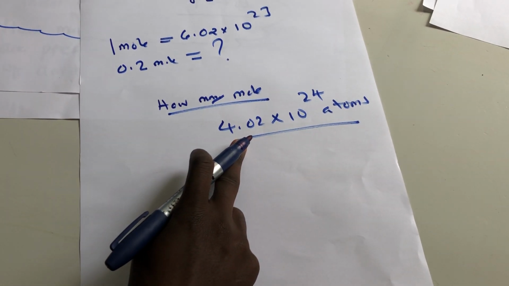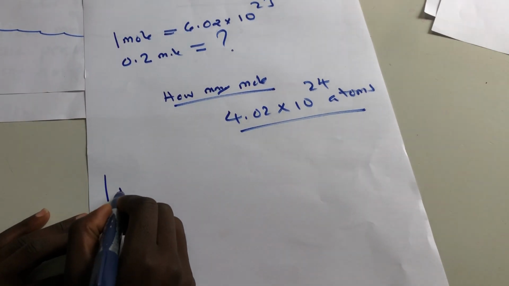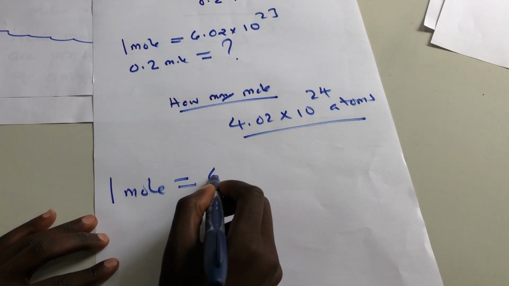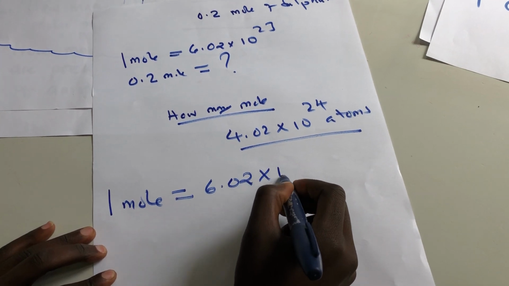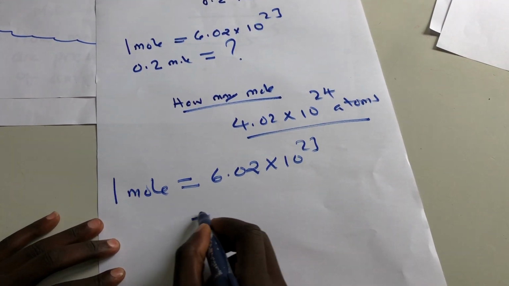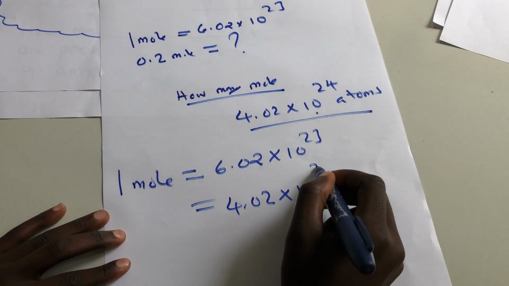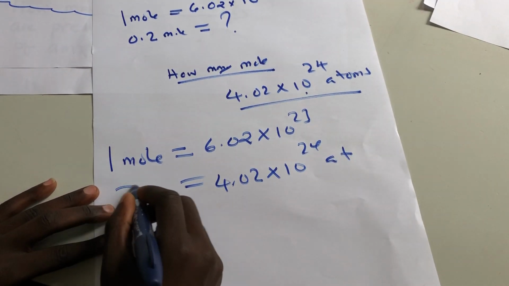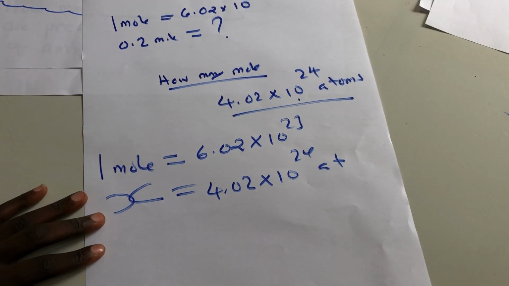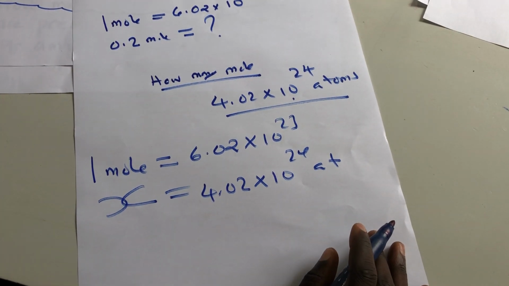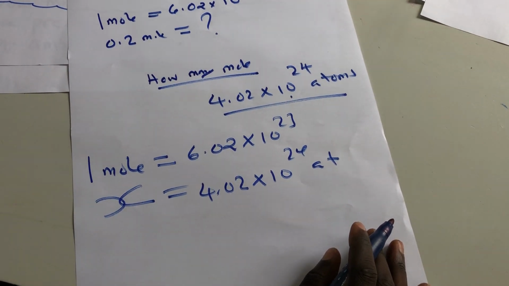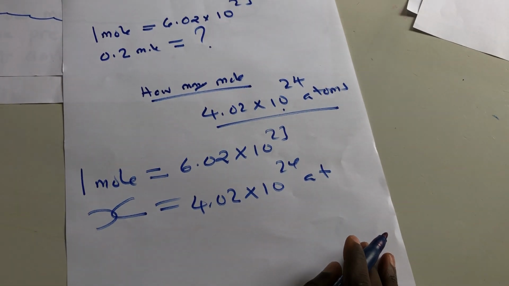So you have to come to this relationship kwamba 1 mole ni sawa sawa na 6.02 times 10^23. What about these atoms? Unaweka hapa 4.02 times 10^24 atoms. You find number of moles. So this relationship is very important in solving these problems of mole concept.